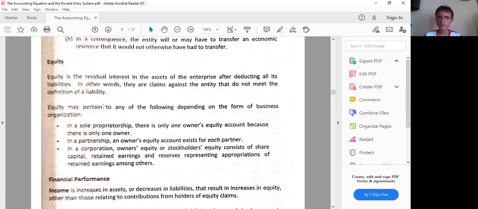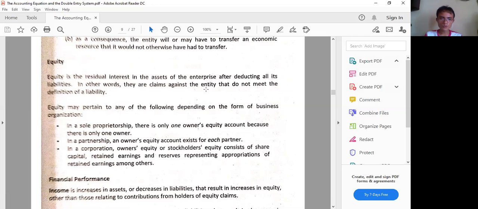Make sure to check out the rules of debit and credit in the previous discussions, although I may be discussing this again in the next sessions. So, right side: liabilities and equity. The liabilities would be the so-called creditors' equity because these are the claims of the creditors of the company. But the equity would be the claims of the owners.